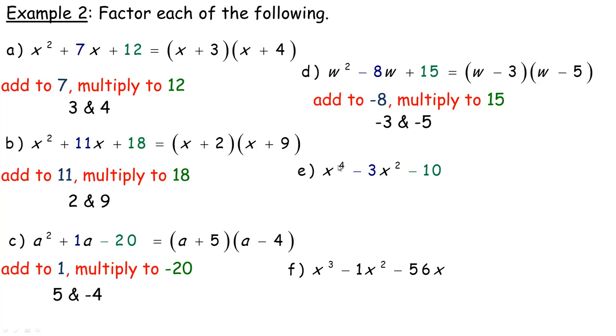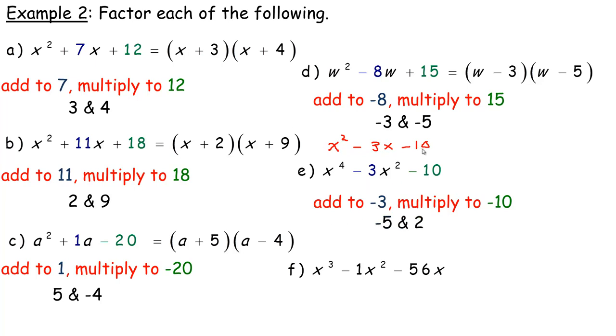If I was going to factor this, let's say, I'm going to write this above here. So let's say instead it was x squared minus 3x minus 10. If I was factoring that, I'd be looking for two numbers that add to -3 and multiply to -10. And of course, the numbers that do that would be -5 and +2.